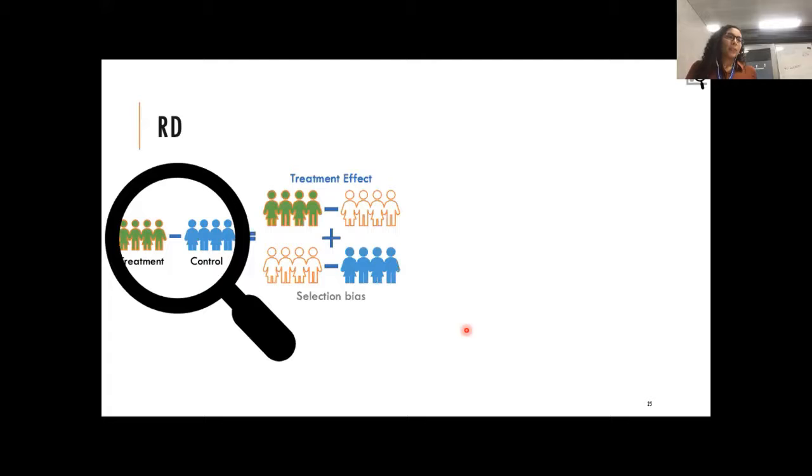So the way it works is we are going to focus our attention on the comparison between treatment and control group only for those points that are really, really close to the threshold that determines the selection into the treatment. When we do that, we know that we're estimating the treatment effect because, just in that boundary, it is an arbitrary cutoff point, so the selection is effectively random.